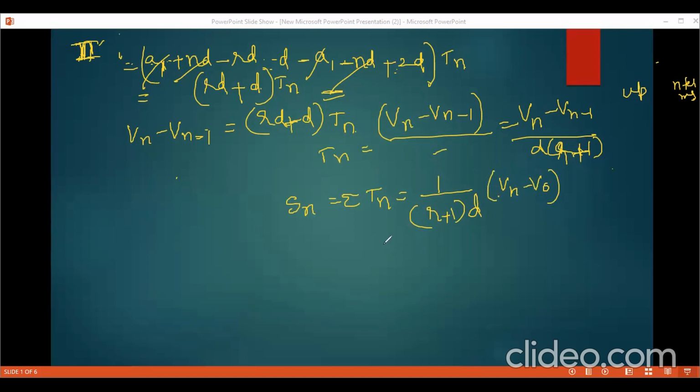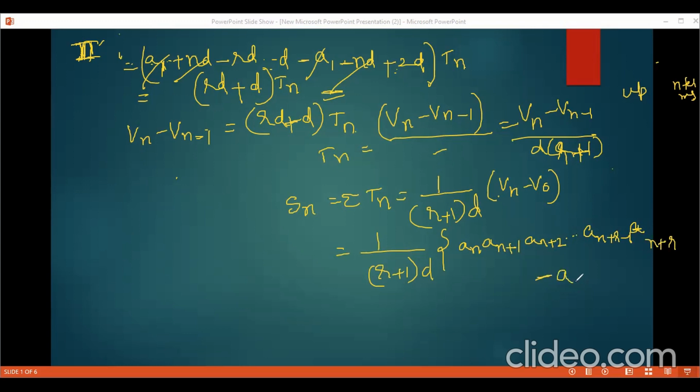So what is the actual meaning? 1 by R plus 1 times D into An, An plus 1, An plus 2, so on, An plus R minus 1, minus, into much, I forgot, An plus R minus A naught, A1, A2, so on, AR.